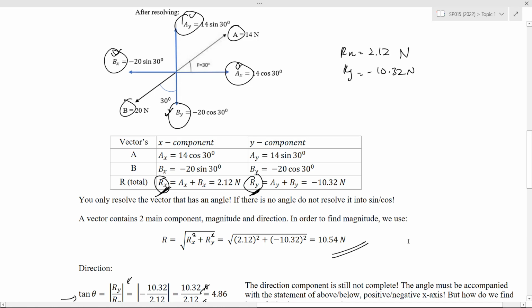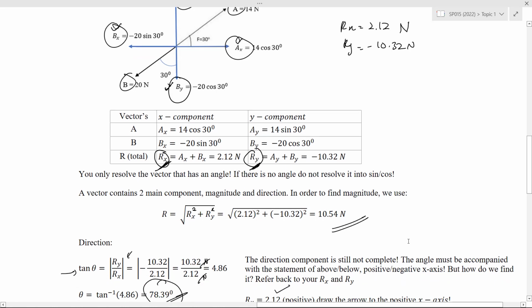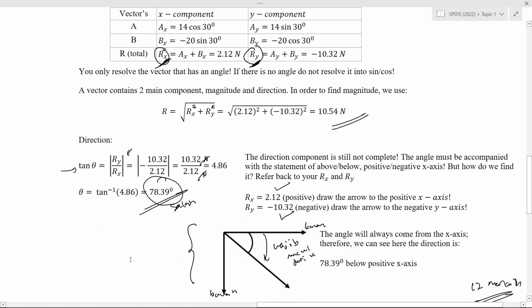For the direction is simply tangent theta sama dengan modulus of ry over rx. So apa-apa dalam tu yang negatif mesti dipositifkan balik. Okay, so you'll get the angle theta here 78.39. Again, tak lengkap sebab you must have the complete above or below positive, negative x-axis. Macam mana nak tahu? Tengok balik kepada dia punya resultant in x, resultant in y and redrawkan dia. Redraw.